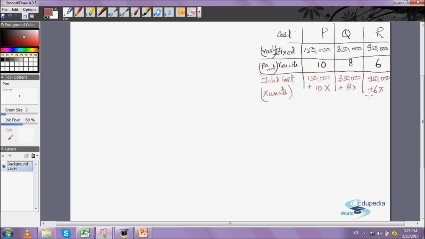So now we have the equation for total cost for all the 3 locations. For P it is 150,000 plus 10x, for Q it's 350,000 plus 8x, and for R it's 950,000 plus 6x.